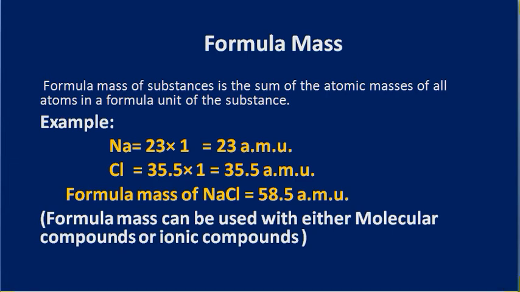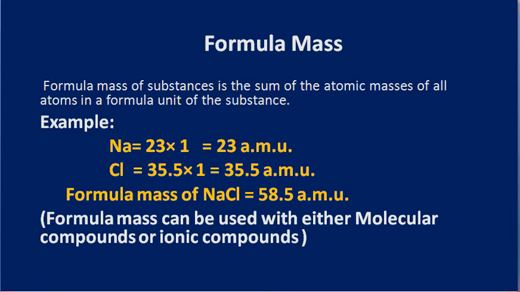So these two terms are a little bit different, but the same method we will use to find them. Also, in the 5th chapter we will see the difference between formula mass and molecular mass. Molecular mass we usually use for molecules and formula mass we use for ionic compounds.